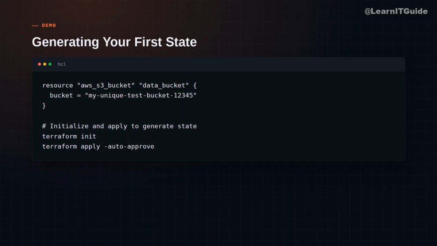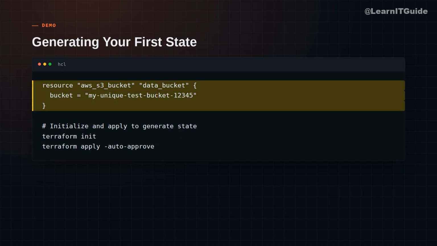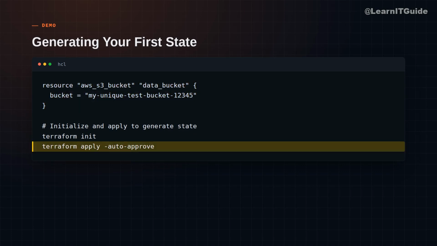Let us see this in action. Here we define a simple S3 bucket. When you run the apply command, Terraform does two things. It creates the bucket in AWS, and it writes a file called terraform.tfstate. This file is the JSON map I mentioned earlier. If you open it, you will see the exact relationship between our resource block and the bucket name in AWS.